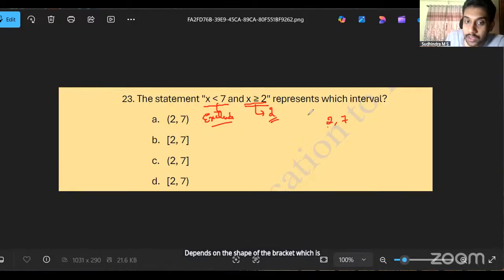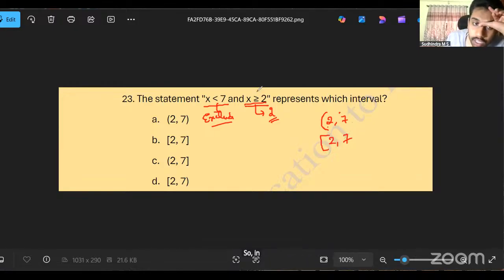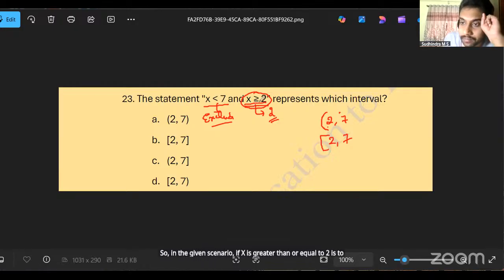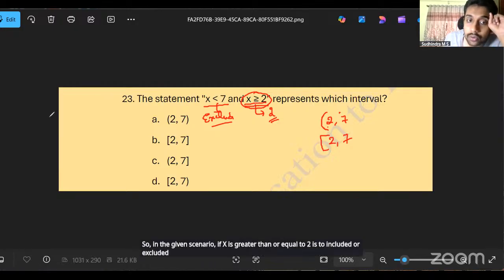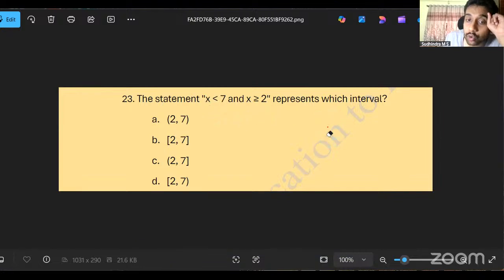If we have round brackets, 2 is excluded. If I have square bracket, 2 is included. In the given scenario, x is greater than or equal to 2, so is 2 included or excluded? Included. So besides 2, which bracket should we have? Square bracket, correct?